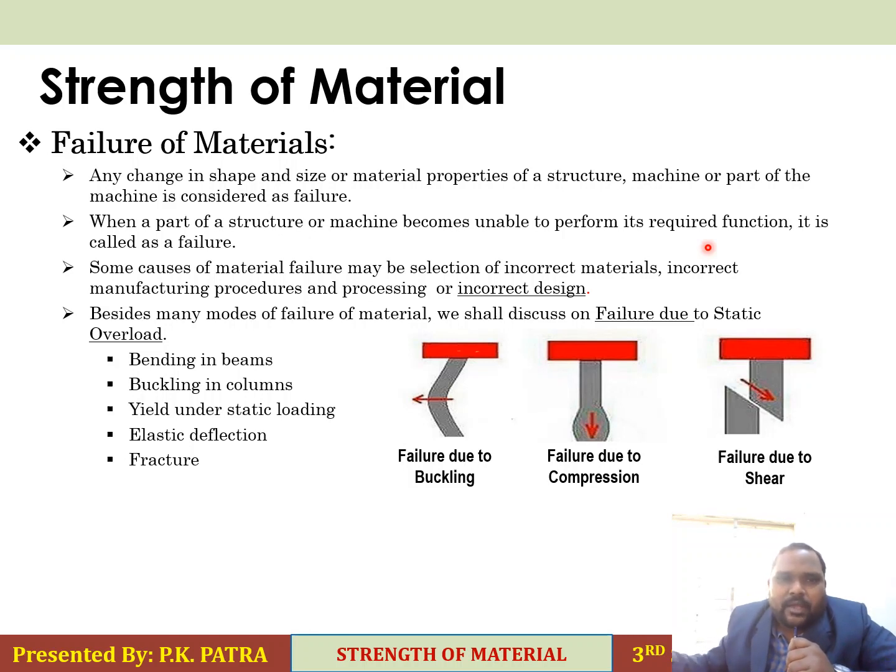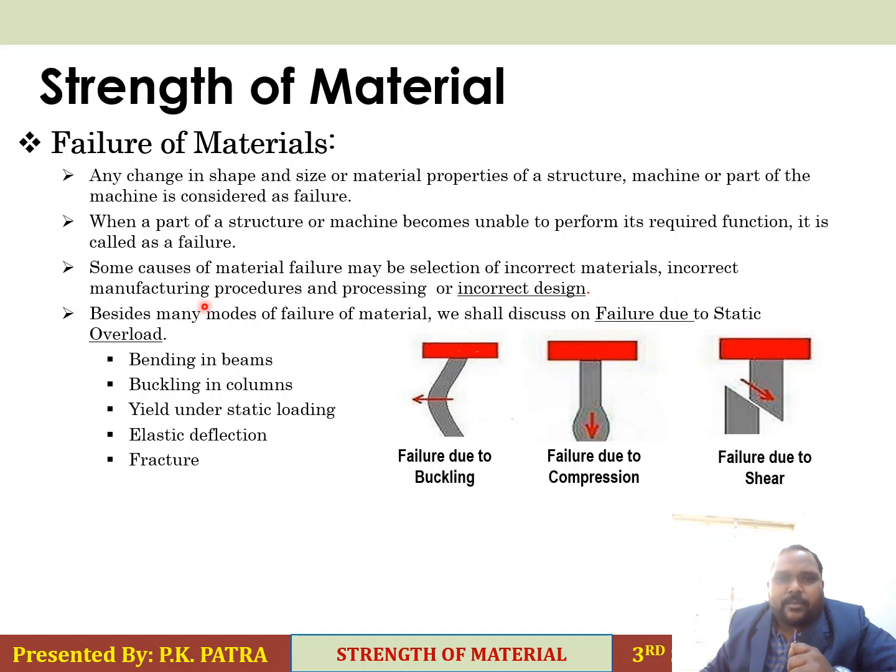And next thing, some causes of material failure may be selection of incorrect materials. So while making the buildings, we need concrete. You cannot make the entire building with woods only. Yes. So selection of incorrect material is very important.